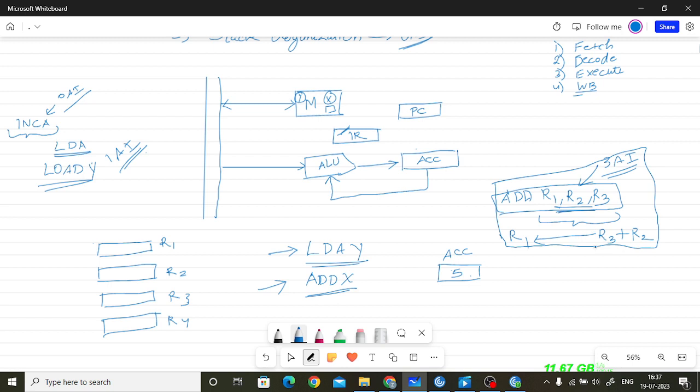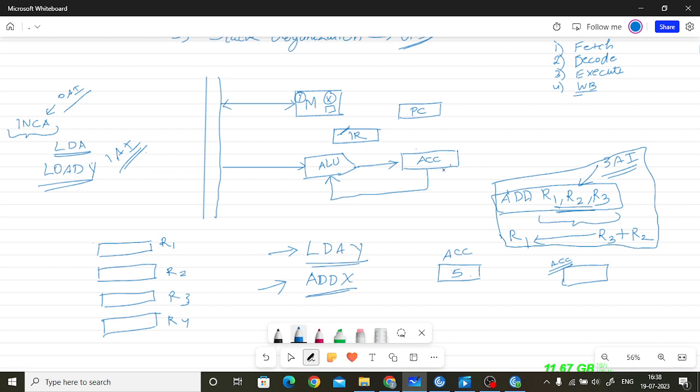Firstly, the contents of register R3 will be loaded to the accumulator. The contents of R3 will be loaded to the accumulator, then it will be given to the ALU, and then the accumulator is overwritten with the contents of register R2, and it will also be given to the ALU, and ALU will perform the addition operation, and it will give the result of computation back to the accumulator.